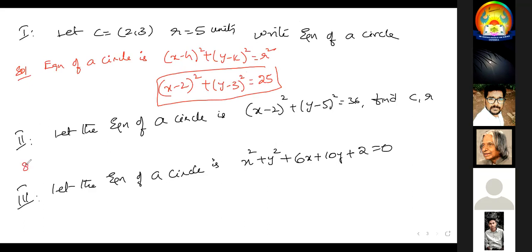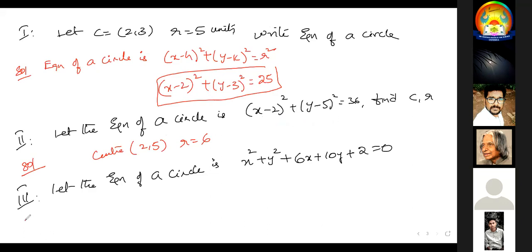In the same way, let the equation of the circle be this. They are asking for the center. When I compare the equation with x minus h whole square plus y minus k whole square is equal to r square, easily we can see that the center is (2, 5) and the radius is equal to 6.